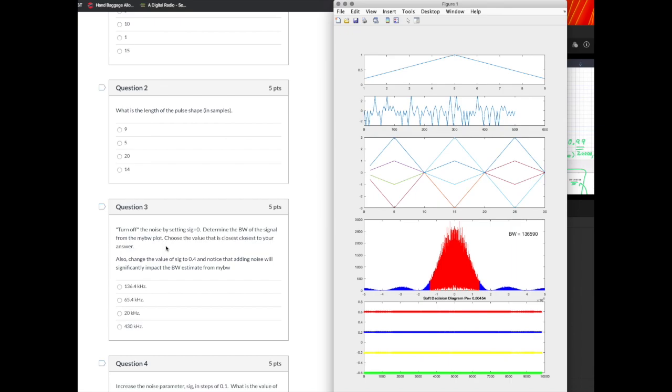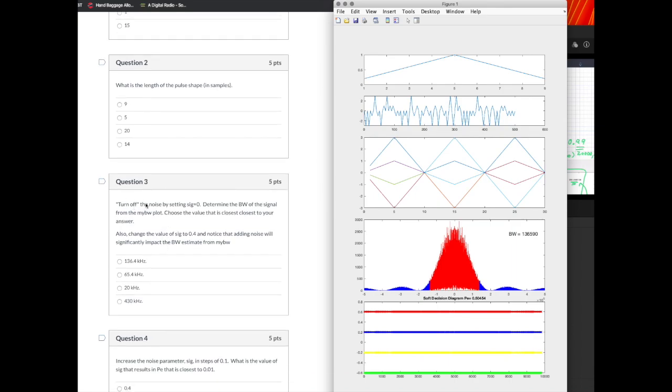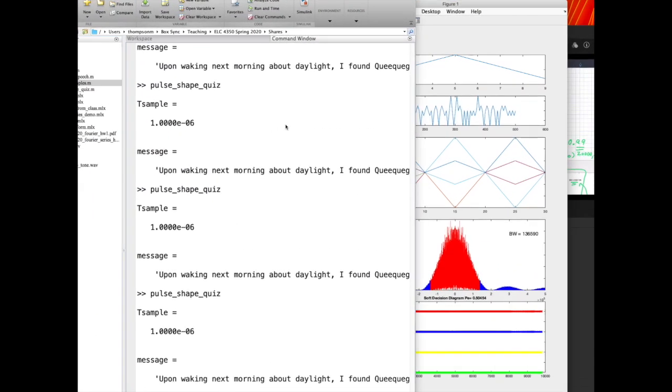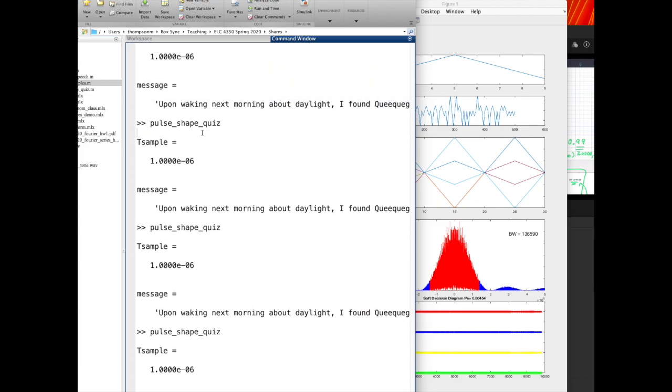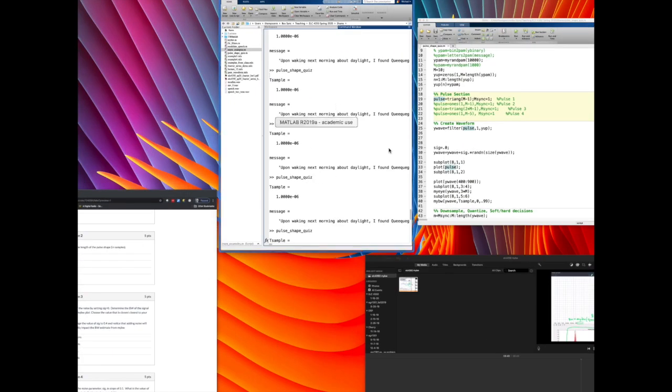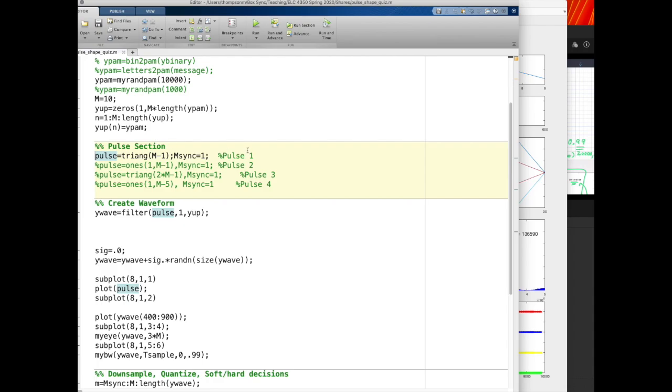Question 3 says turn off the noise by setting sig to 0. So before we do that, let's fix the M-sync parameter. We make that 5.